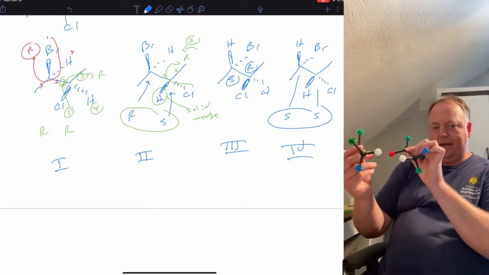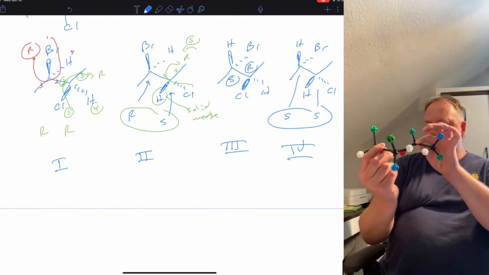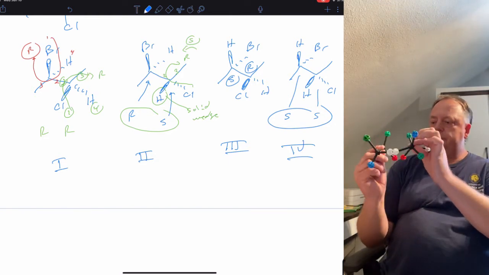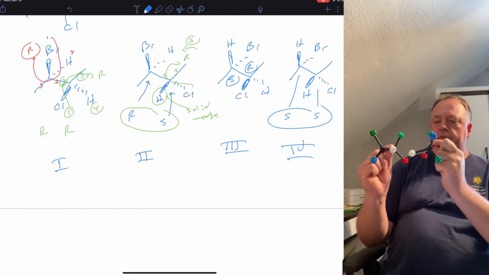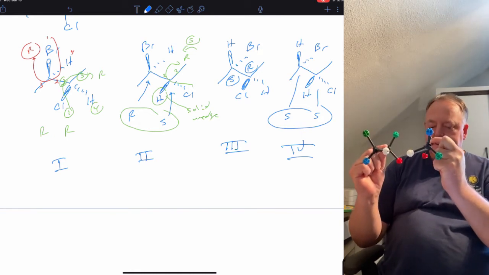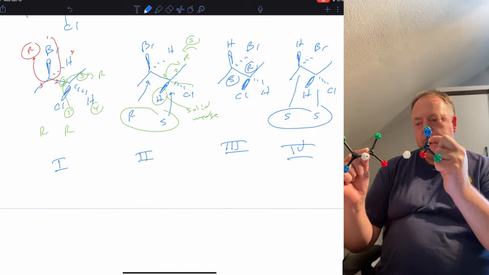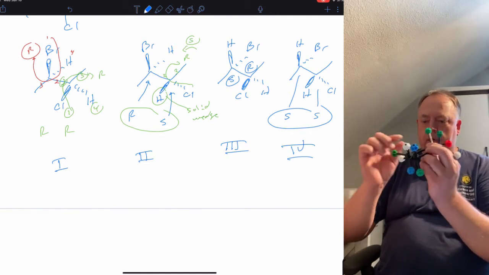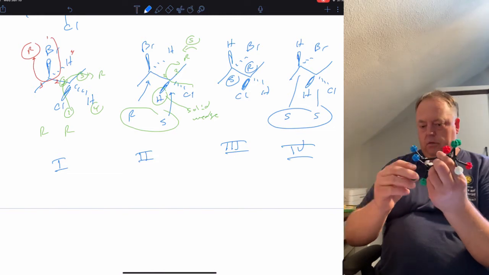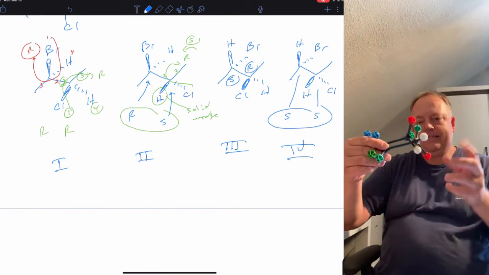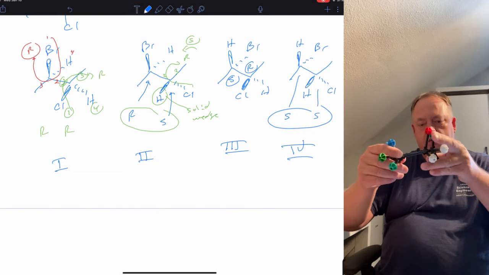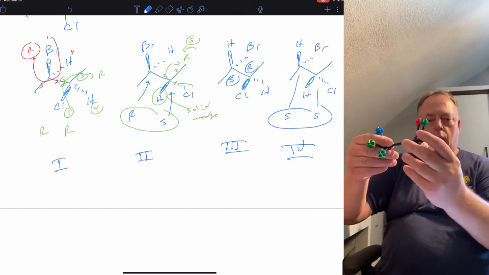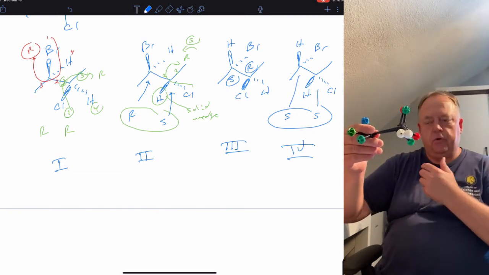I don't know if I can get the right angle. But you can build your molecules. The back carbon is a mirror image of each other, but the front carbon is not. And so these molecules are not mirror images, and these molecules are not superimposable. You can make one of the carbons match, but the other carbon doesn't match, right? If one of the atoms matches like the whites match here, the other two atoms don't match.